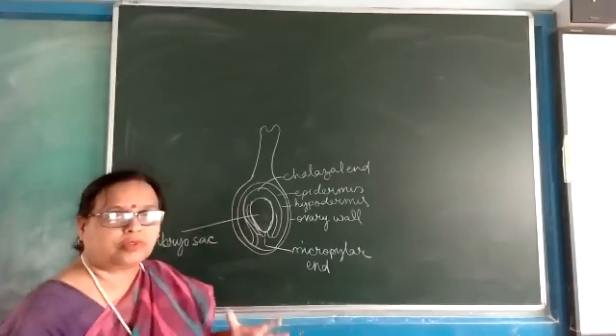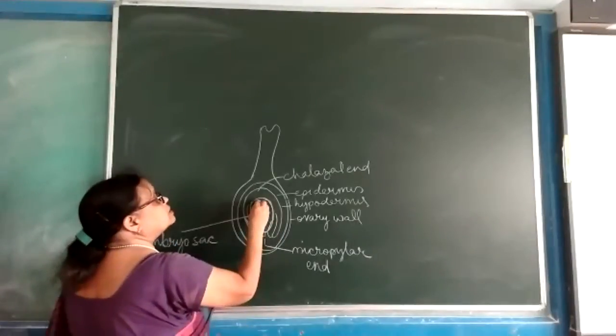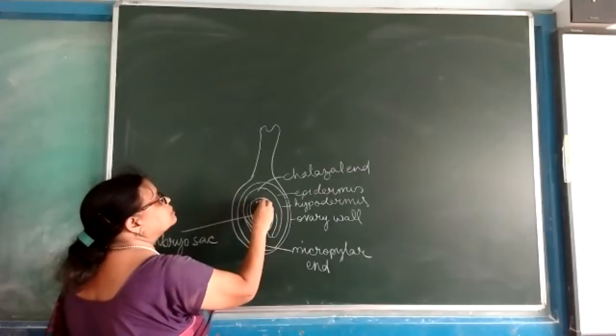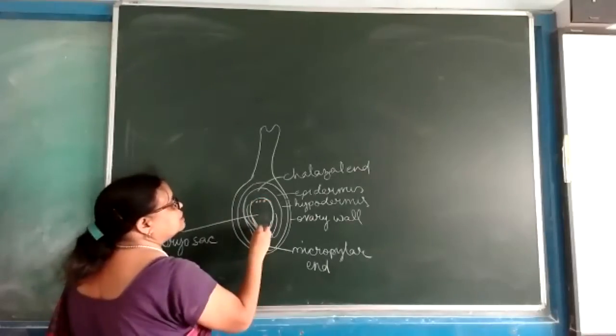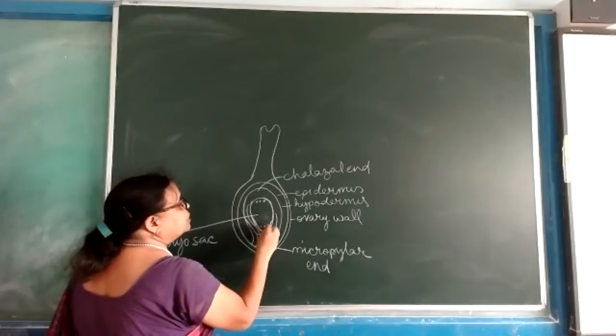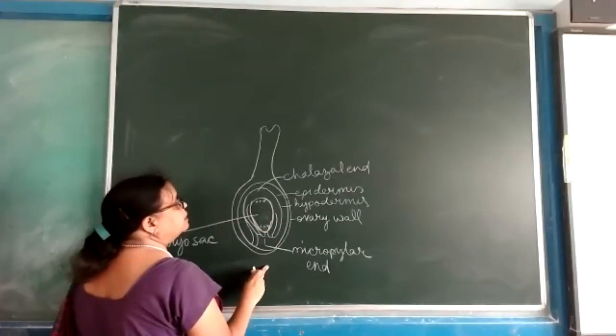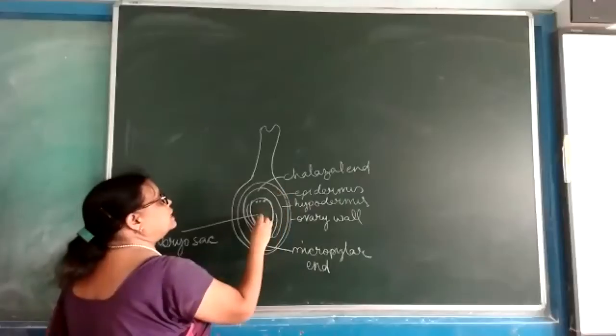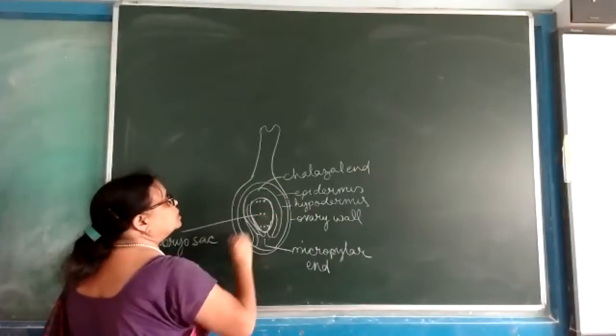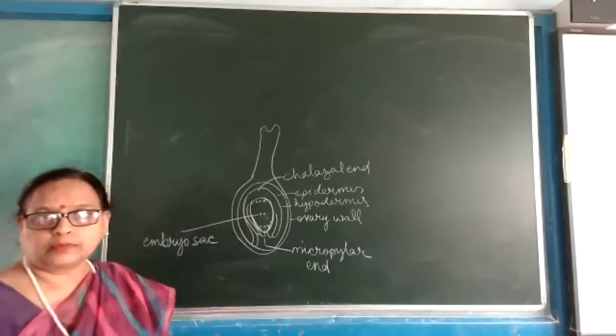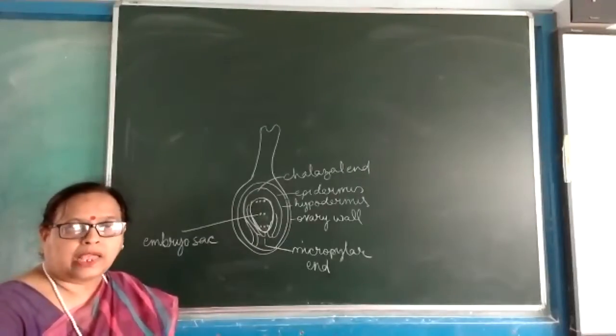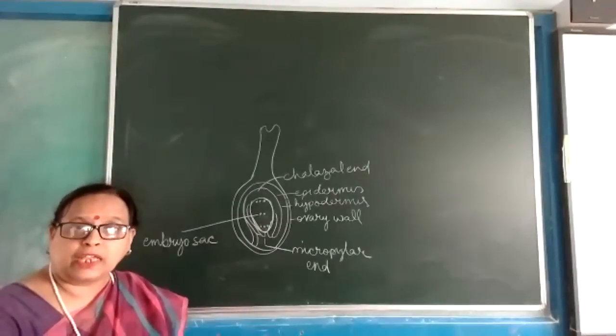Then these nuclei will arrange themselves. They will move towards this region: 3 towards the chalazal end, 3 towards the micropylar end, and 2 in the center. Are you getting the concept? What is happening here?